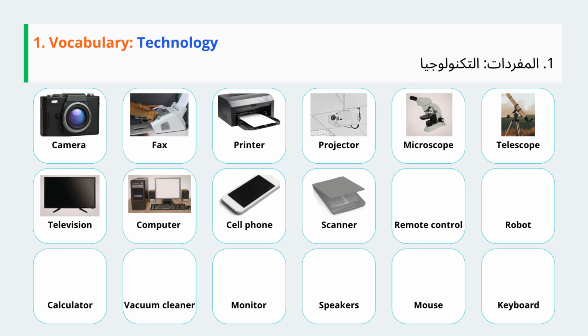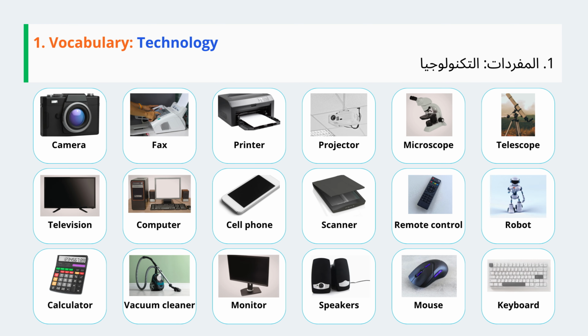Next, let's look at some general technology vocabulary. These are devices we use in our daily lives or in scientific fields.